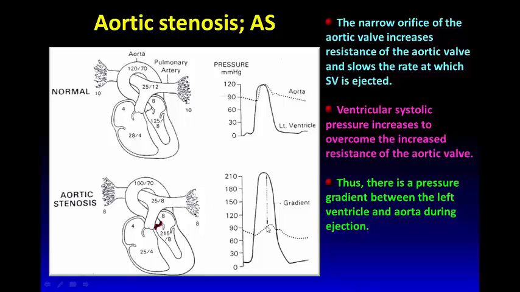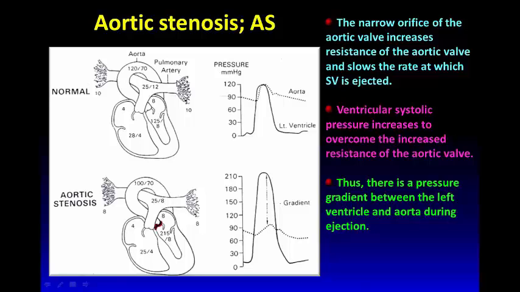So this is the gradient which is detected during ejection. This is the aortic pressure curve with a systolic aortic pressure lower than normal because less stroke volume is ejected into the aorta when there is aortic stenosis.